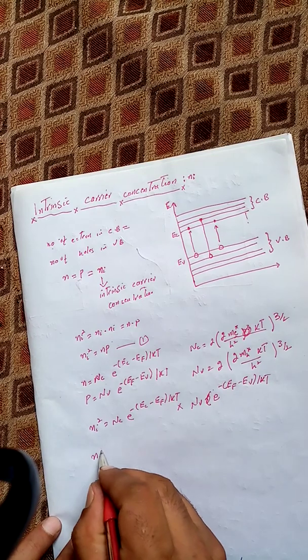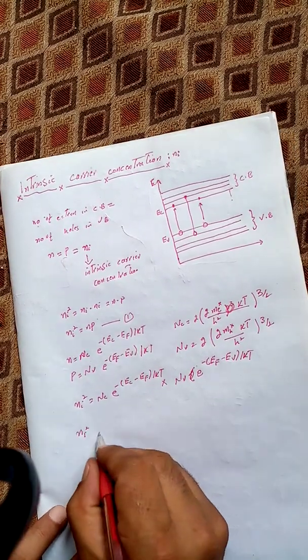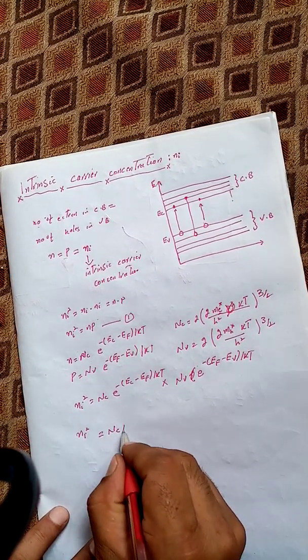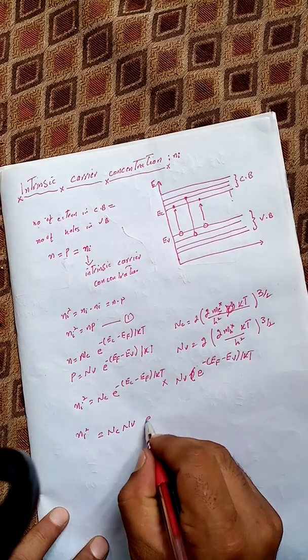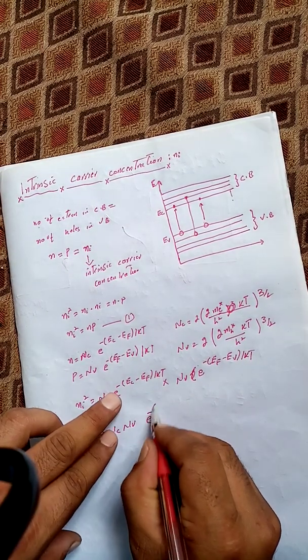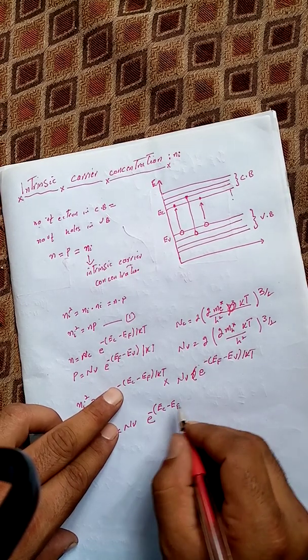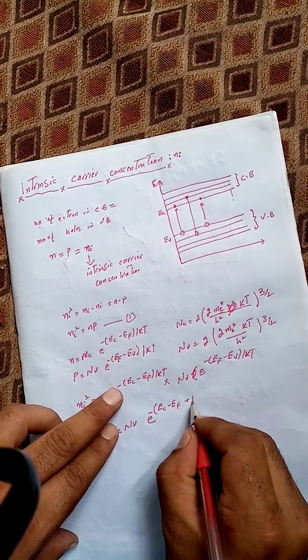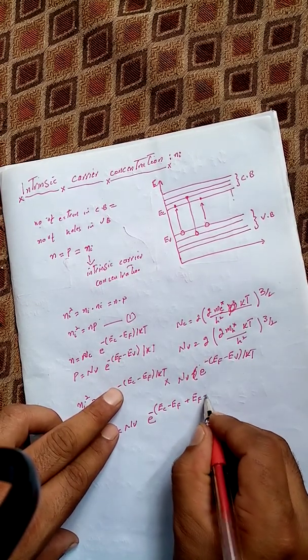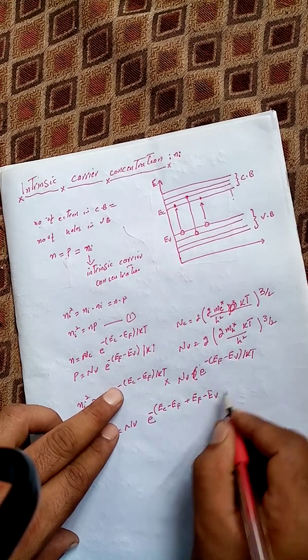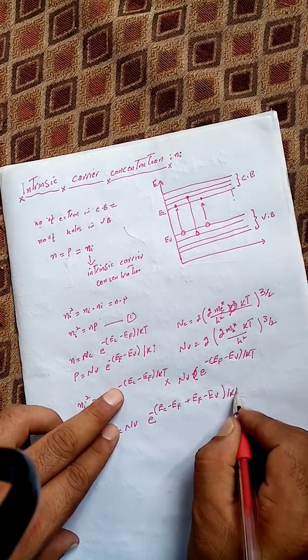Ni square will be equal to Nc Nv e raised to power minus Ec minus Ef plus Ef minus Ev over kT.